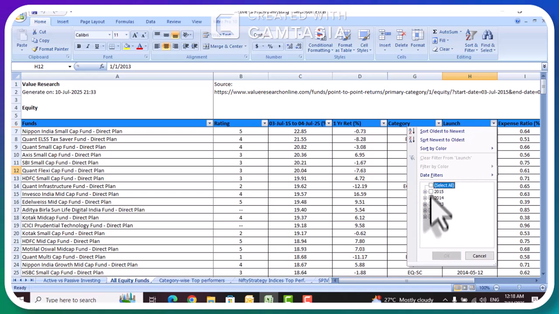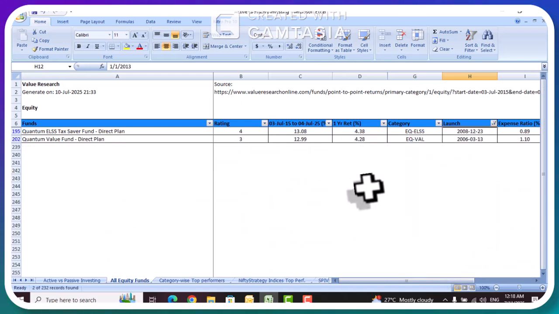If I see which mutual funds have been launched in 2006 to 2008, all I get is these two mutual funds. Both are from Quantum AMC, and the returns are around 13% in this last 10-year period. That's it. One of them was from 2006 and one of them was from 2008.